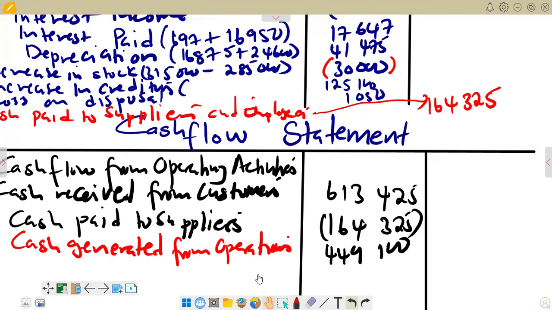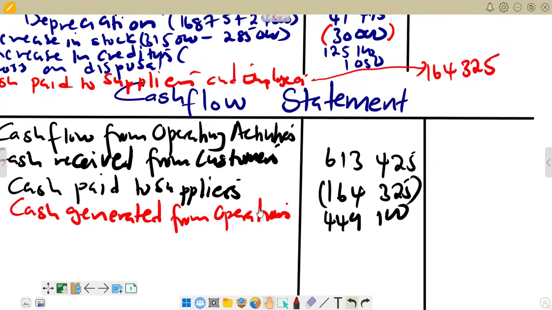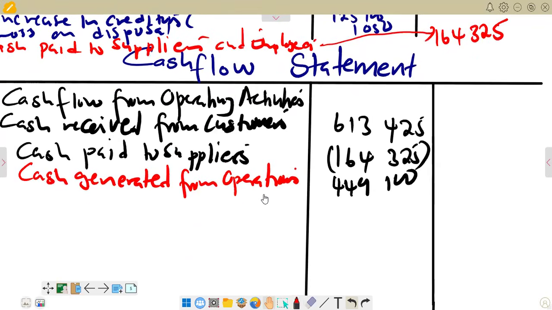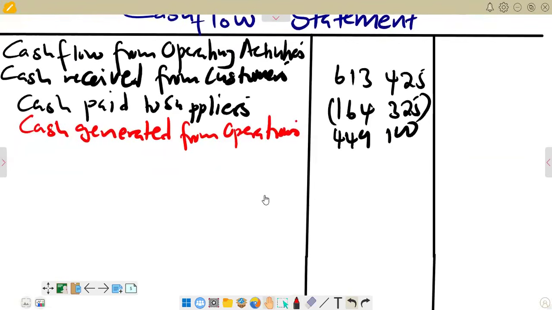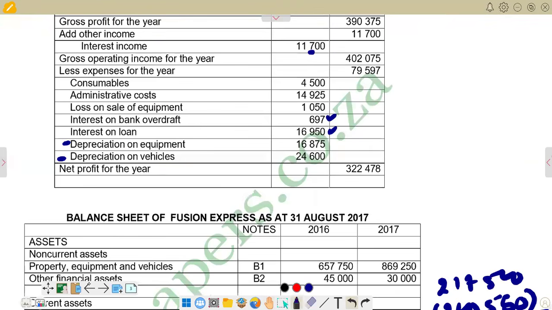So after that, you are supposed to adjust for interest income and interest paid. Remember, we first adjust them in the notes there, and then we readjust them again in the cash flow statement. So we are coming here and we are saying interest income, but we already know these figures.